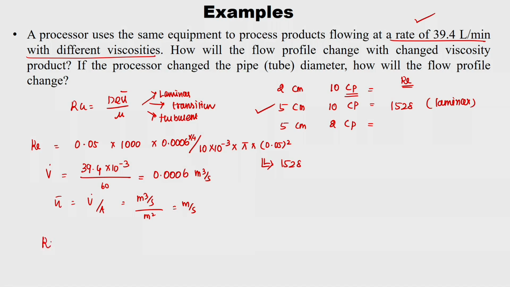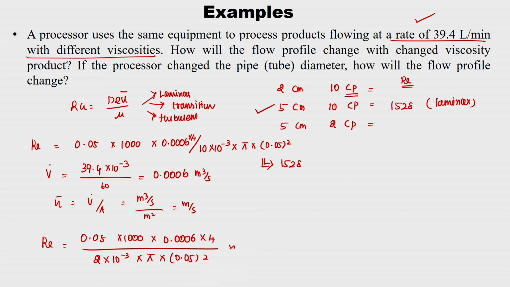The same way, if I calculate Reynolds number for 0.05 into 1000 into 0.006 into 4 divided by 2, where 2 is in the sense I just changed the Cp from 10 Cp to 2 Cp, into pi into 0.05 whole square, which is approximately 7643.